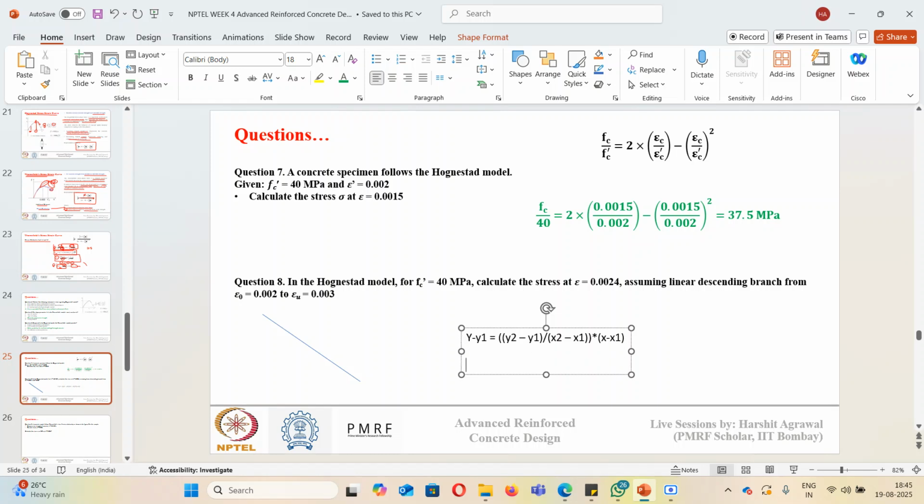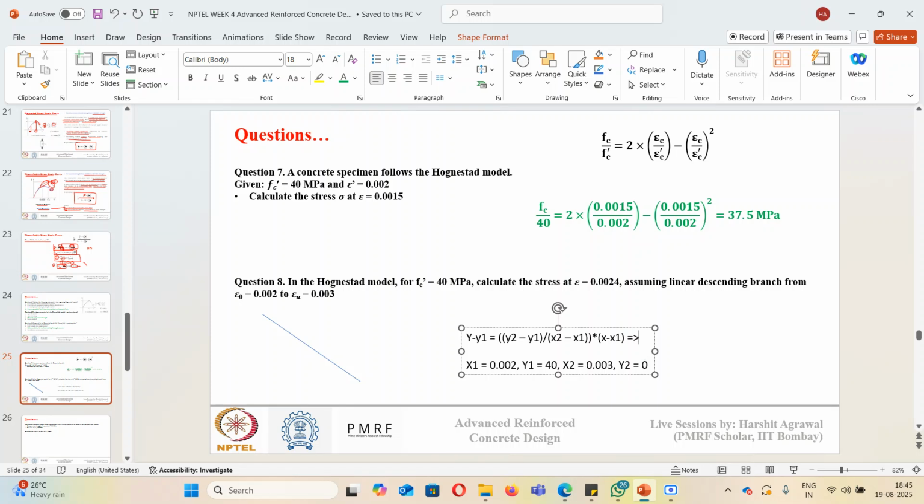Here x1 is my strain value, which is 0.002. y1 is the stress at that strain, which is 40. x2 is 0.003 and y2 is 0. So these four parameters I know.